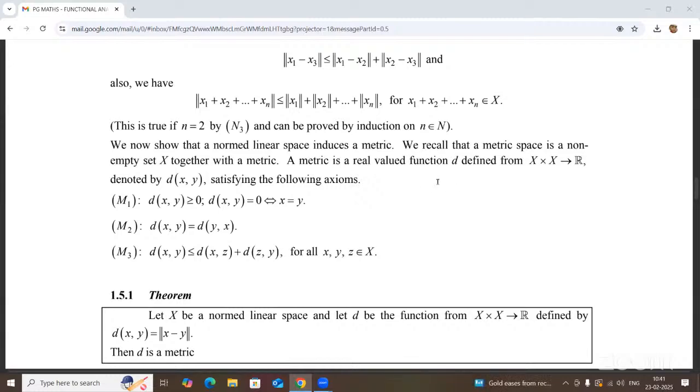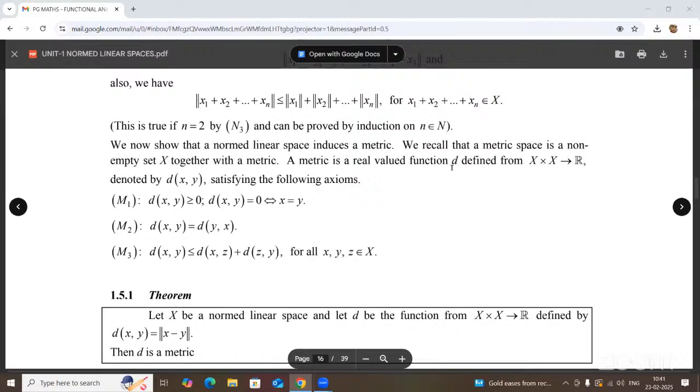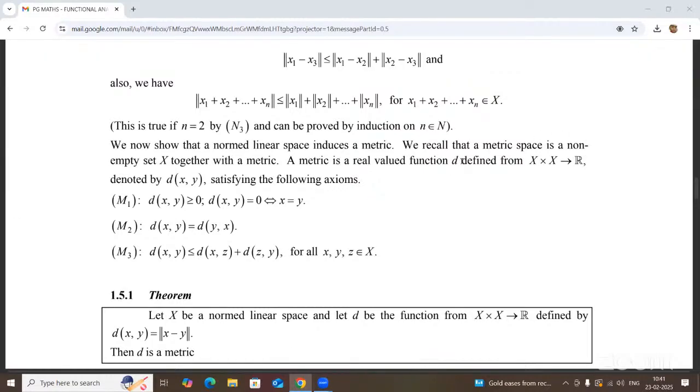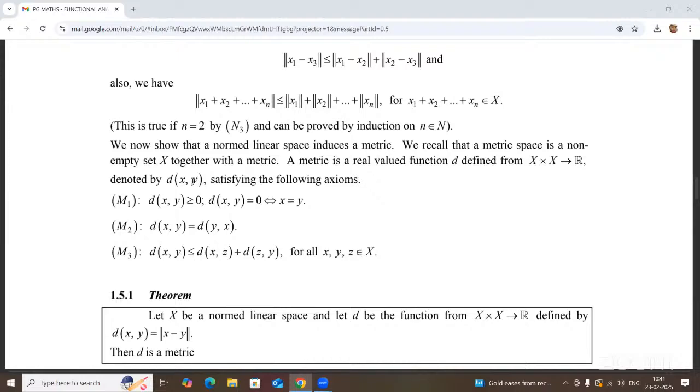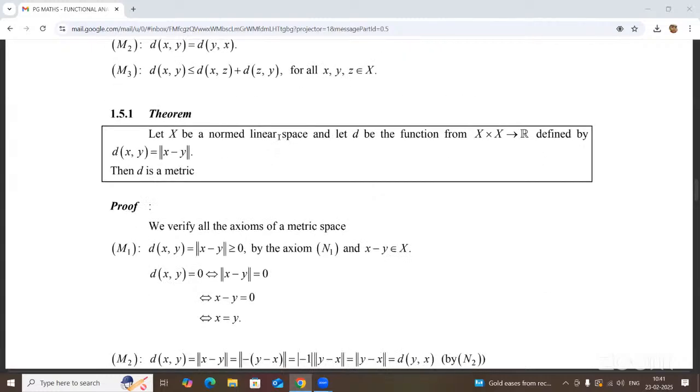It is defined from X cross X to R. Here the binary operation is small d. So the distance is defined as a binary mapping from X cross X to R. Then the distance is denoted by d of x and y, and when the following three conditions are satisfied, it is called a metric.